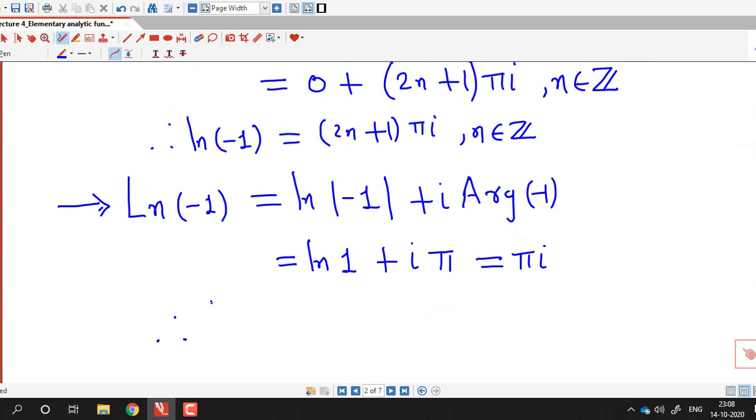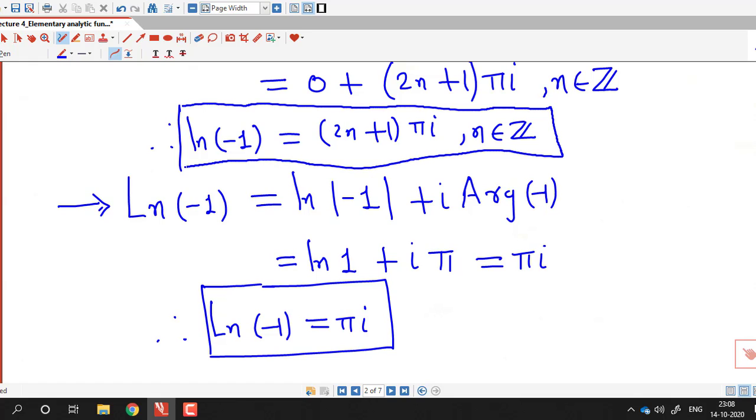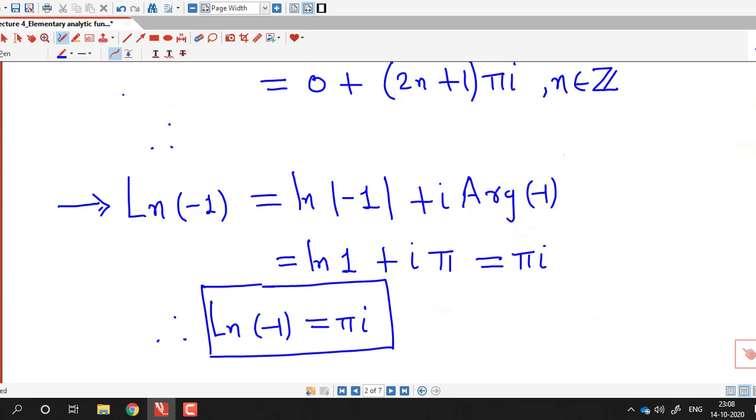Therefore the principal logarithm of minus 1 is pi into i, and the general logarithm of minus 1 has an infinite number of values depending on different values of integers.